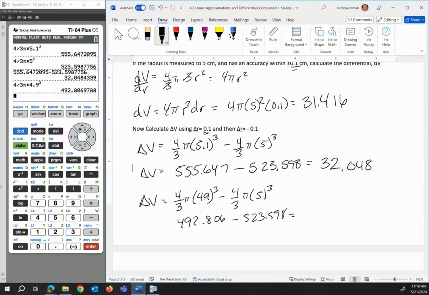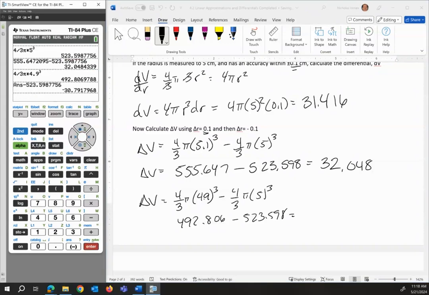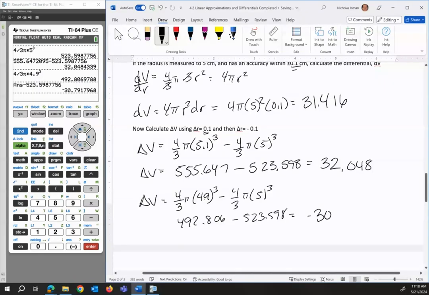We don't have to recalculate that one. All right, and so if we under approximate our radius, we're going to be off by 30.79. All right, so notice how 31.4 is kind of in between these two. We were a little below this approximation, but a little bit above this approximation.